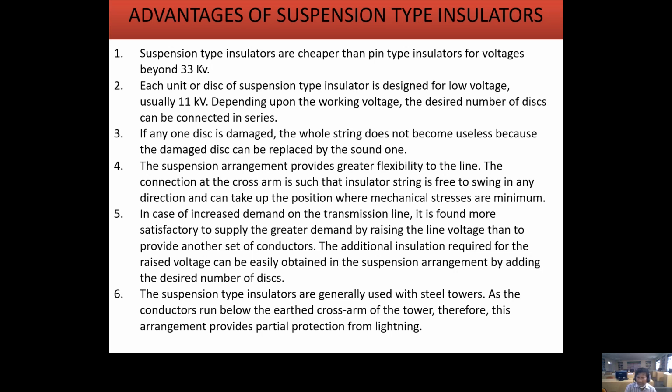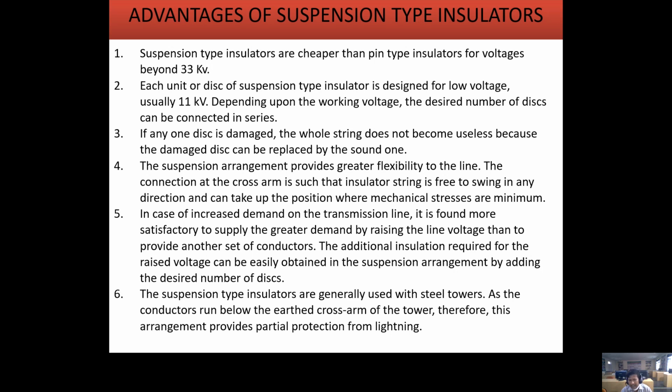Depending upon the working voltage, the number of discs is reduced or increased. If any one disc is damaged, suppose 6 discs are there and the 4th disc is damaged, we replace that 4th disc with a new one. Then, as usual, the 6 discs will be available as working.